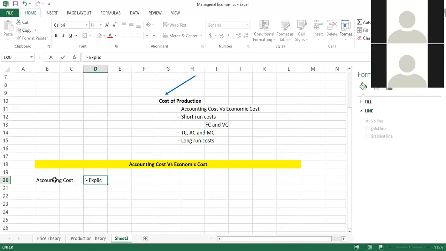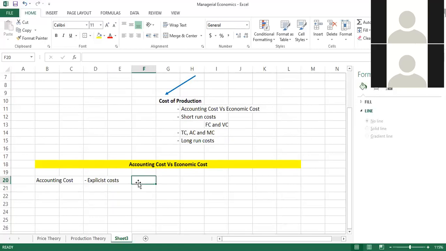Explicit cost means, as you correctly mentioned, these are the actual costs. We can say the cost incurred to buy or hire factors of production. That means there should be an outflow of cash or other resources to settle these costs.